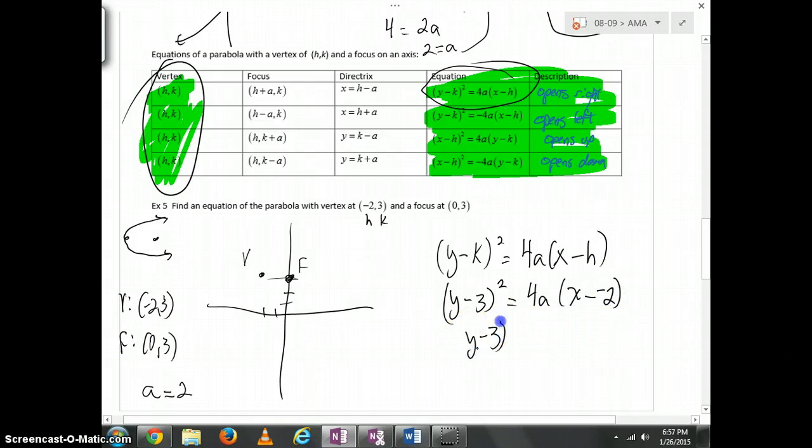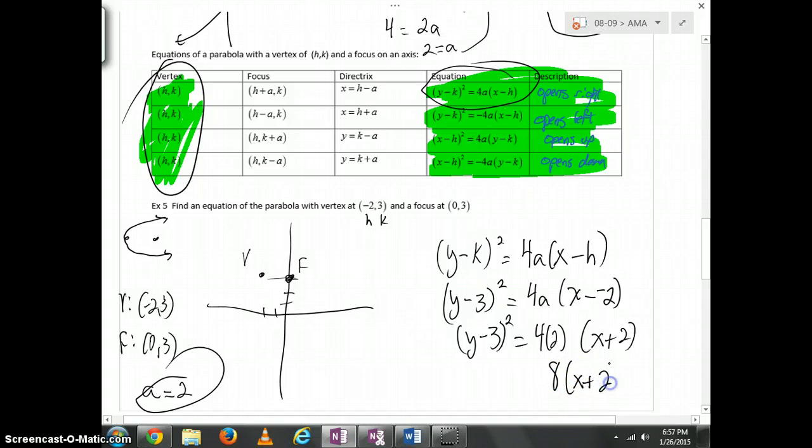Of course, we already talked about our a. Our a is 2. We found that distance from the vertex to the focus. We'll have 4 times 2 here. This becomes x plus 2. 4 times 2 is 8. The right side becomes 8 times x plus 2. Left side we have y minus 3 quantity squared.